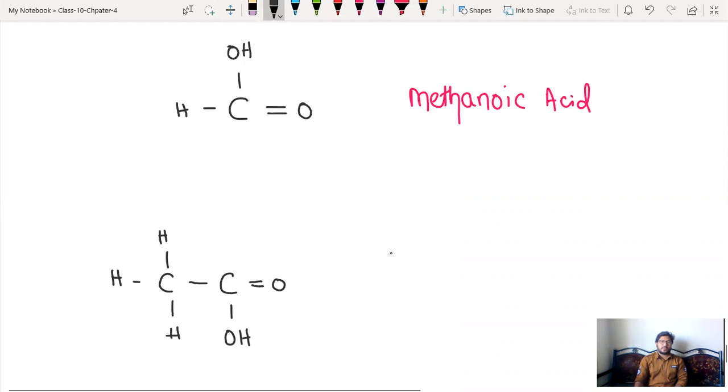Now, if they ask you to give the name, count: meth, eth. It is eth. Single bond between carbons, alkane, an. It is double bond O, single bond OH. It is carboxylic, so it is oic acid. It is becoming ethanoic acid.